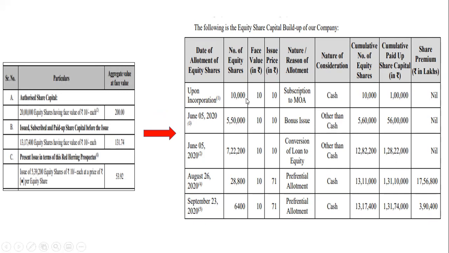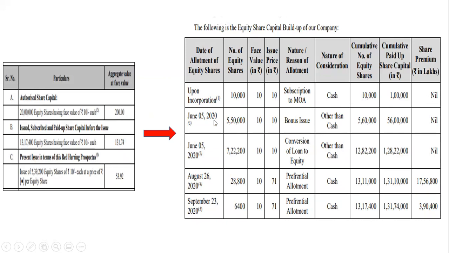How is that? At the time of incorporation, at the time of formation, 10,000 shares of rupees 10 were issued, and the company got 10,000 shares into 10, 100,000. Was there any share premium?